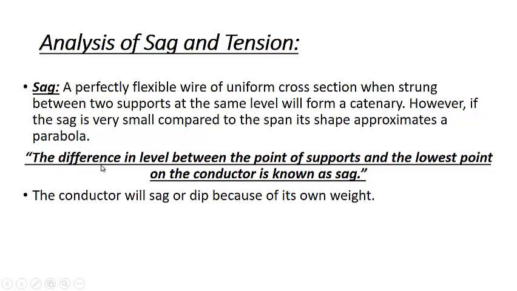It is the difference in level between the point of supports and the lowest point on the conductor, that is known as sag. The conductor will sag or dip because of its own weight, as is hidden in the definition of the catenary. So it is because of its weight that it dips or sags from the idealized position.